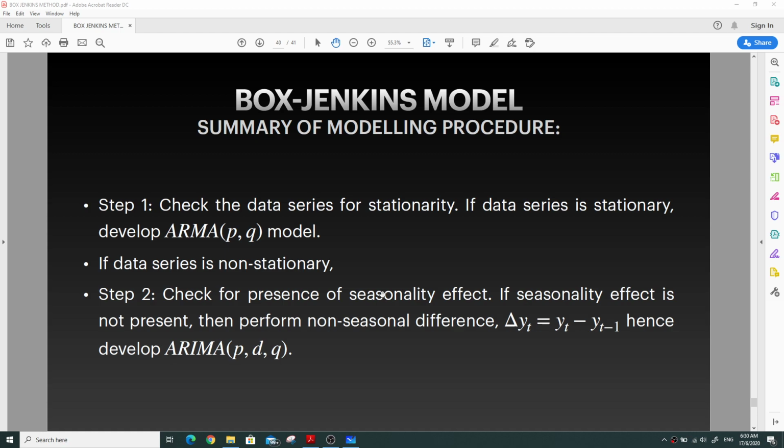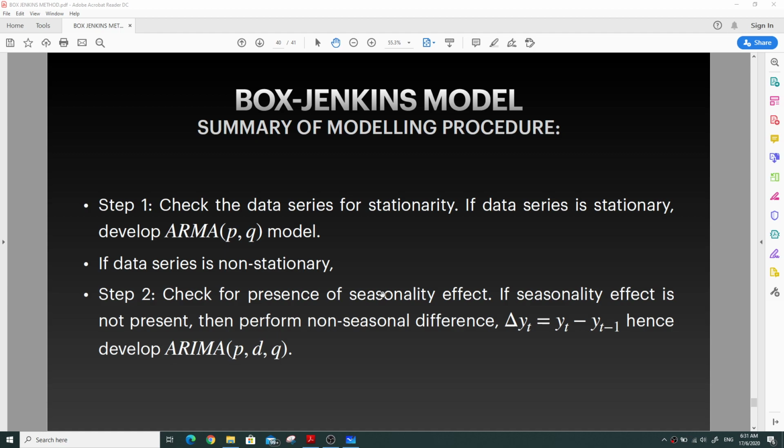So, as a summary on how to model a Box-Jenkins model: for step 1, we first check whether our data series is stationary or not. If it is stationary, we develop an ARMA model based on the ACF and PACF pattern. Next, suppose that the data series is not stationary. We have to consider whether we perform non-seasonal differencing or seasonal differencing, so you have to check the seasonal component first.